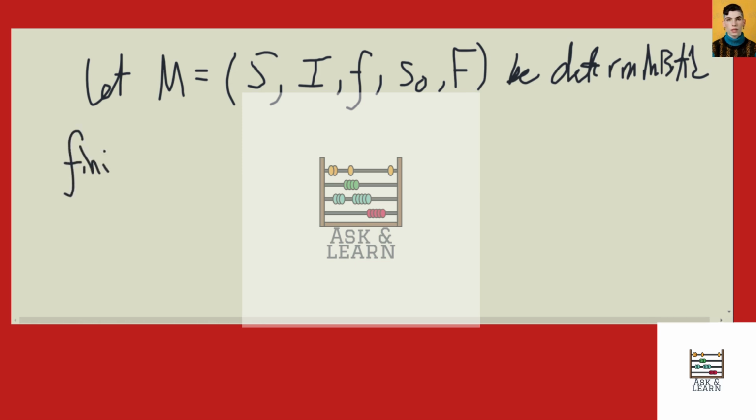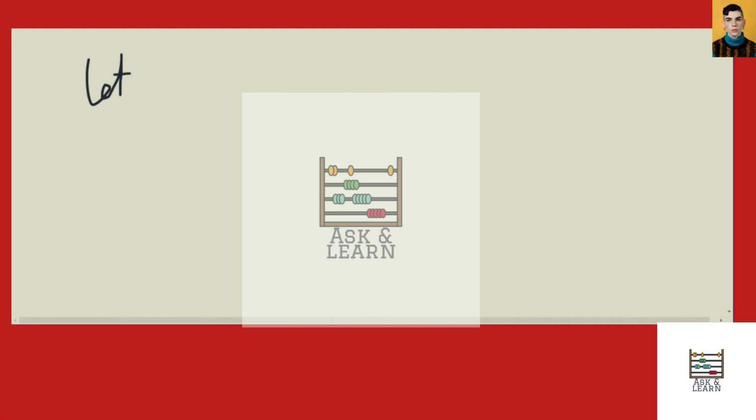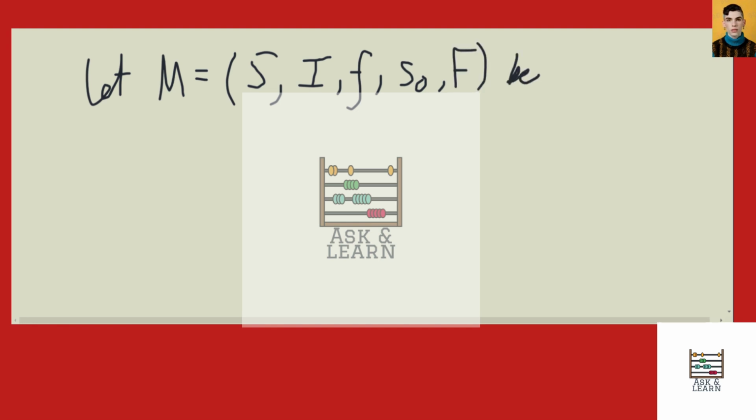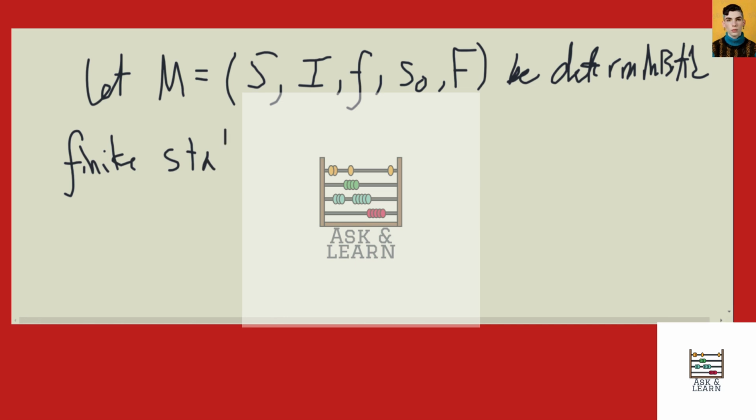So first of all, let M be a deterministic finite state automaton, and let f̂ be its extended transition function.